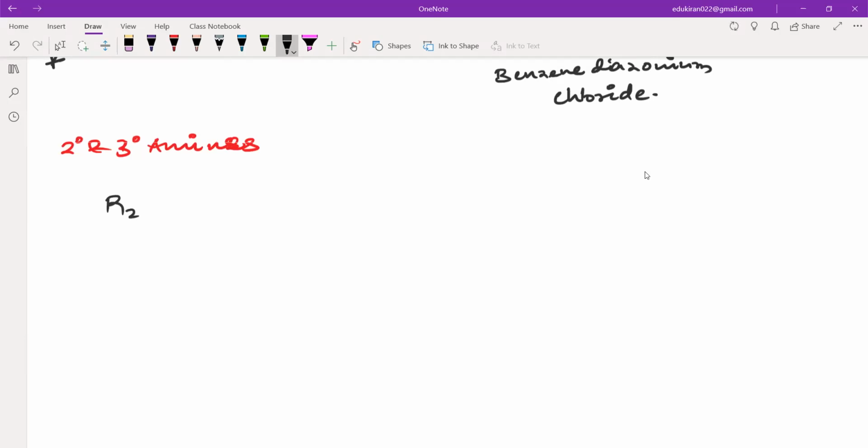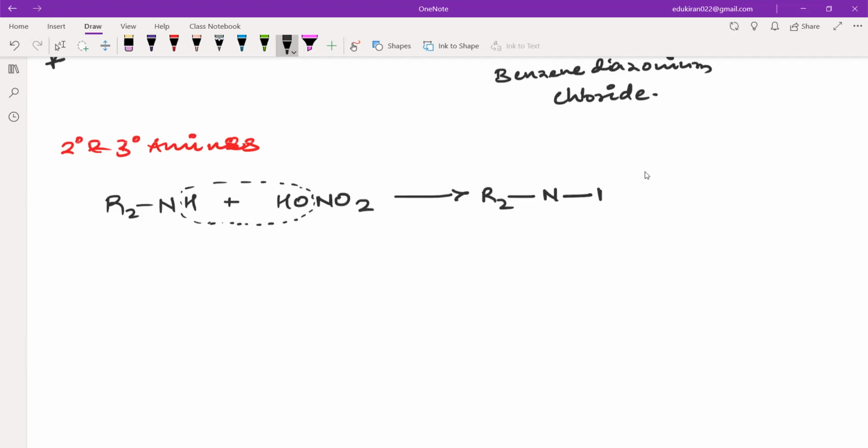If you have R2, that means 2 alkyl groups attached with nitrogen, and there will be 1 hydrogen, and you react this with HONO, then water will be released, and you will be getting R2N bonded with N, double bond O, plus water.